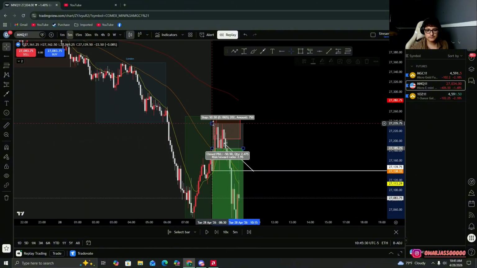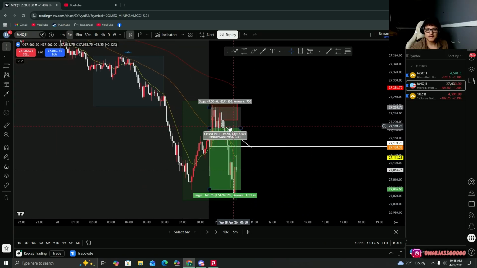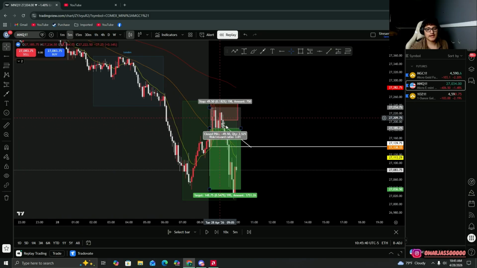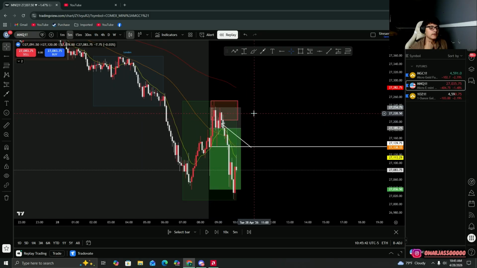But yeah, like I said, this trade right here was really good. If I would have retaken any trades, it would have been this one right here. But as you guys can see, I only trade once. If I lose, I'm off.